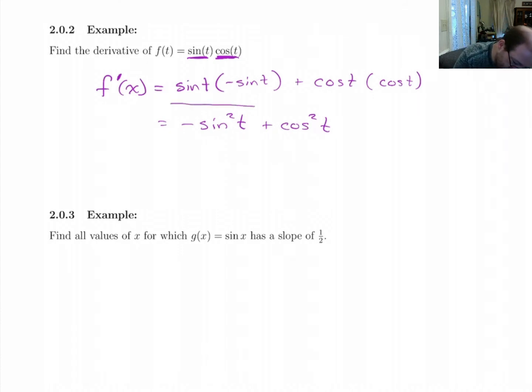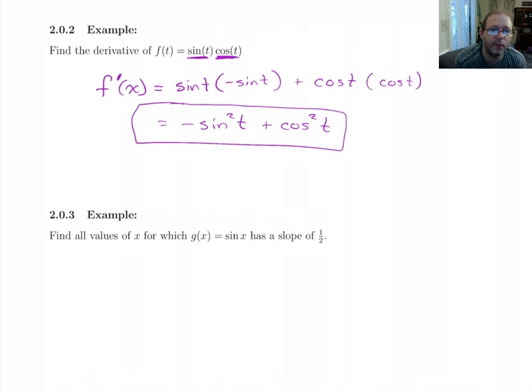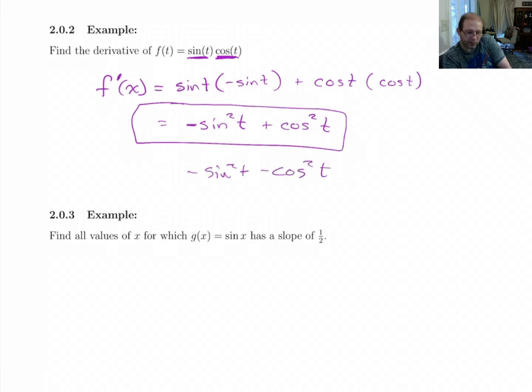You might be tempted to change this into 1 or negative 1 or something, but you can't do that. If this negative weren't there, I'm going to erase it temporarily, if that negative were not there, then this would give you 1. But this negative changes things. If it were minus sine squared minus cosine squared t, that would give you negative 1. But the fact that they're mixed there, this doesn't give you either one.